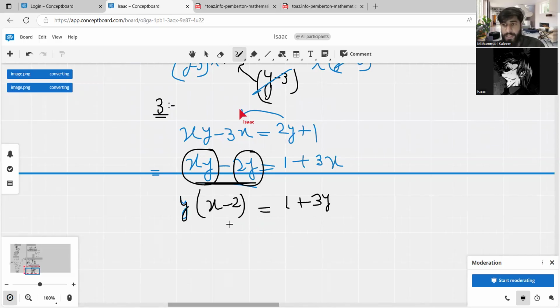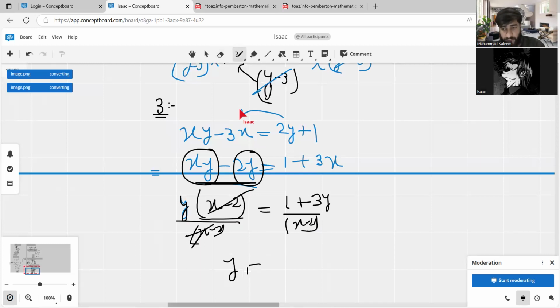Does this make sense? Yeah. Okay, next, I will take this to the other side, where it will be in division, or you can say I divide both sides by x minus 2. So from this side it will be eliminated, and only y will be left over.